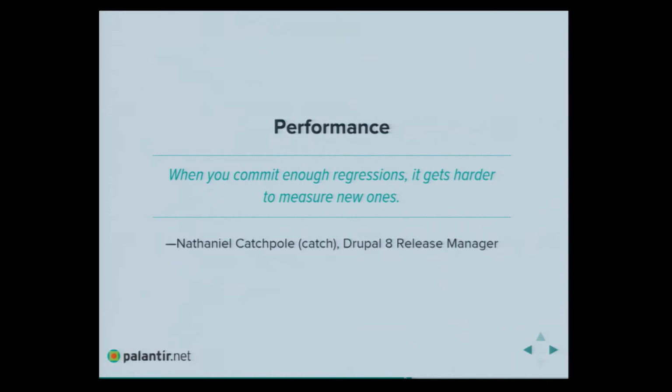And that includes performance. We didn't have automated testing on performance for Drupal 8. We never have. Which meant that it got slower and slower, bit by bit by bit, over time. Until in Drupal 8 we started getting benchmarks and went, oh wow, that thing's slow. Okay, now what do we do?